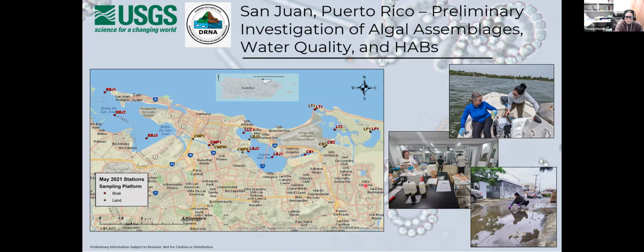So this estuary not only carries immense ecological value, but it's also really vital to the economic development and food security of Puerto Rico. The CMP, the Caño Martín Peña, is a channel, like I said, that connects the bay and the lagoon. It runs through the heart of San Juan, and it's one of 20 designated urban water sites under the Urban Waters Federal Partnership, through which the pilot study was funded.